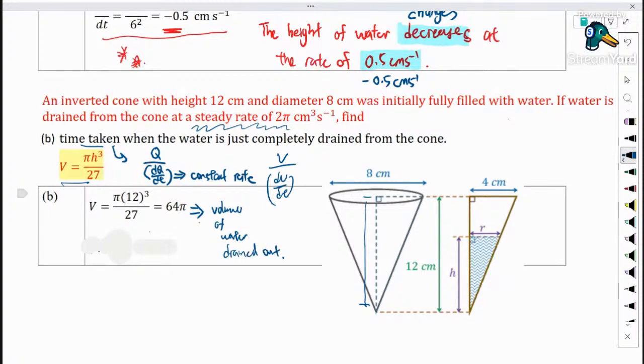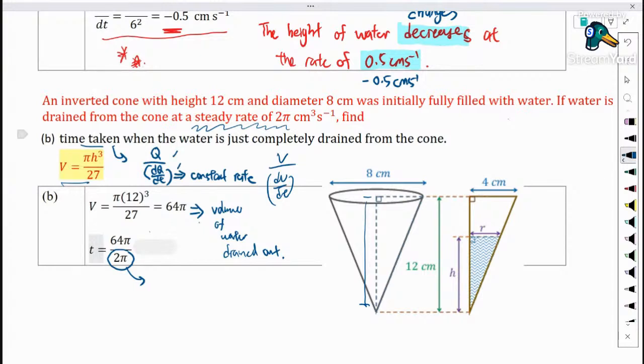And then to get the time taken here, let's say I use t equals to V over dV dt. And here, you find out that for the rate of change, I don't use a negative sign, because this happens to be the rate of change of the water drained out. And in order to calculate time, I should not consider any negative sign.